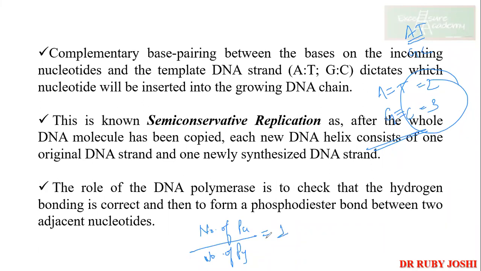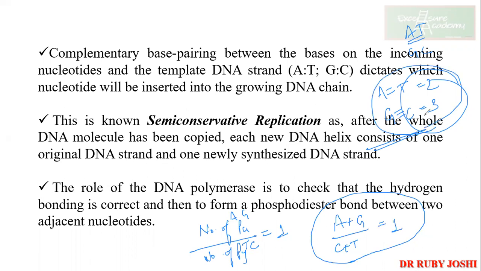Yes, it is 1 because as many A as there are, there will be that many T, and as many G as there are, there will be that many C. In textbooks, you can see that A plus G divided by C plus T, or T plus C, whatever, it is going to be 1. This is something you should always remember, and this one also. Though it is a very simple concept, there are certain numericals which need these 2 concepts.